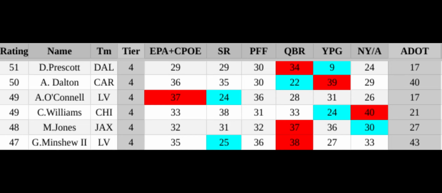Most of the stats they're just one or two places off for, except for quarterback rating. The average depth of target, I realize too, is a bit different with O'Connell, but like I said, he does have a little bit better of an arm than Minshew, and I think the team just was in a different place when O'Connell was playing versus when Minshew was. But you might know better. I didn't have my ear to the Raiders all that well.